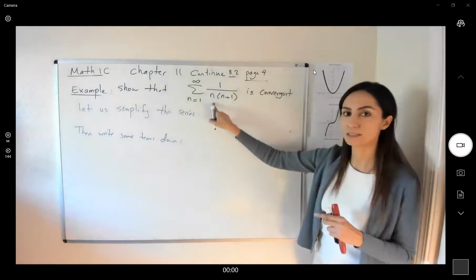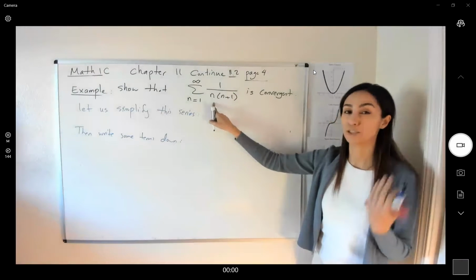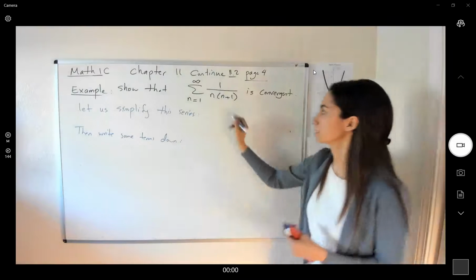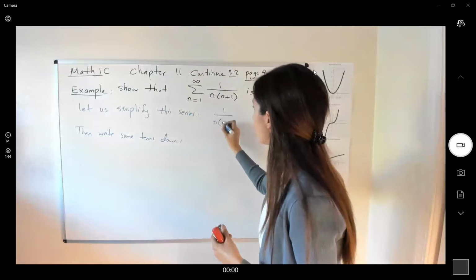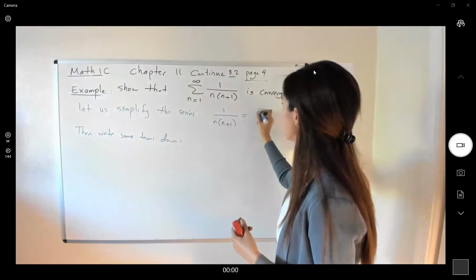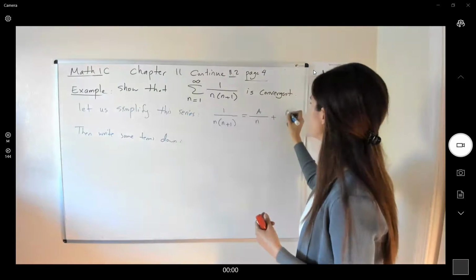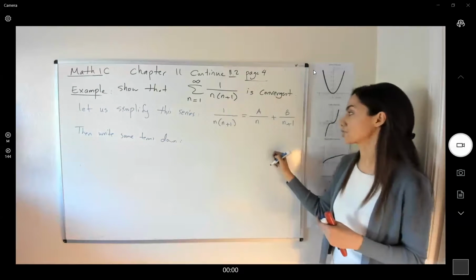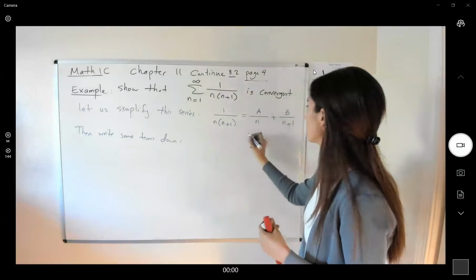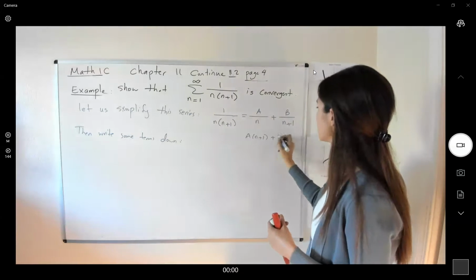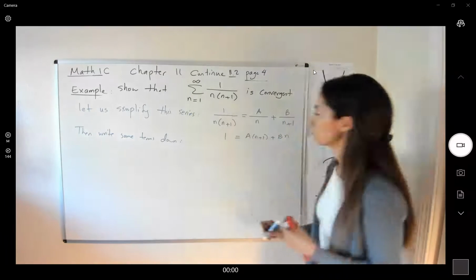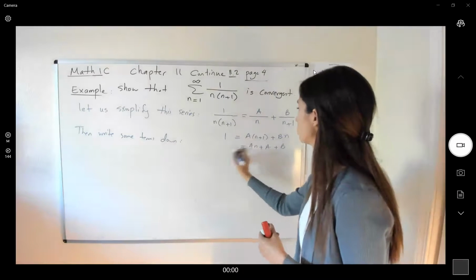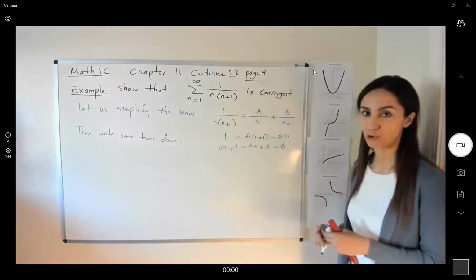First of all, this is a fraction that you can rewrite using decomposition of fractions. You have 1 over n times n plus 1. This is a over n plus b over n plus 1. So it means that a times n plus 1 plus b times n is equal to 1. So an plus a plus bn is equal to 0 times n plus 1.